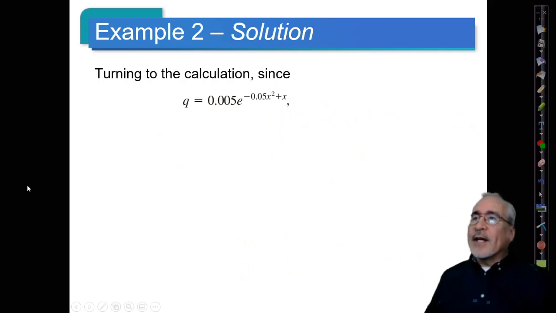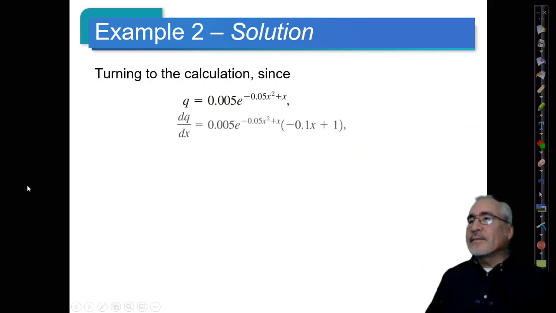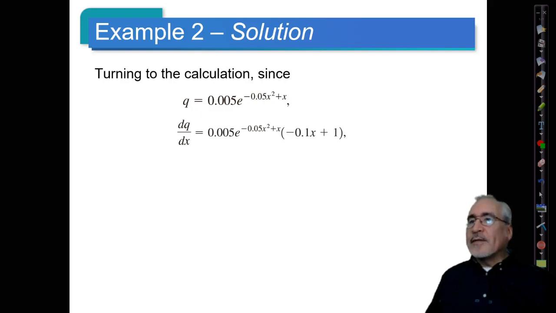Okay, so we've got our function. They give us the derivative, and again, this second part here comes from the chain rule, taking the derivative of the exponent. The derivative of an exponential, especially a natural exponential, is itself times the derivative of the exponent. That's what that is.